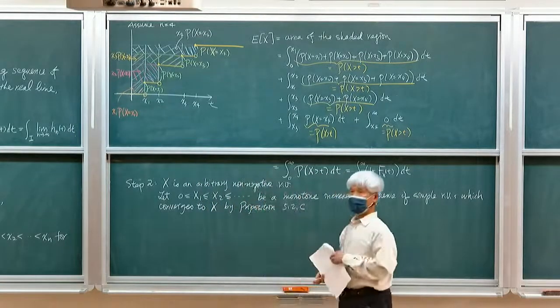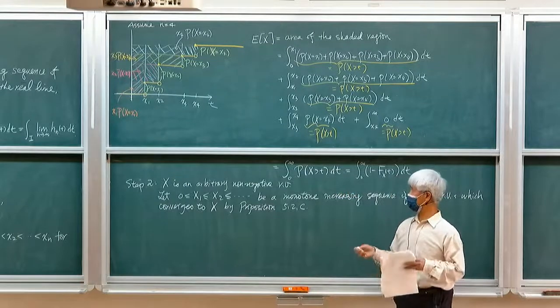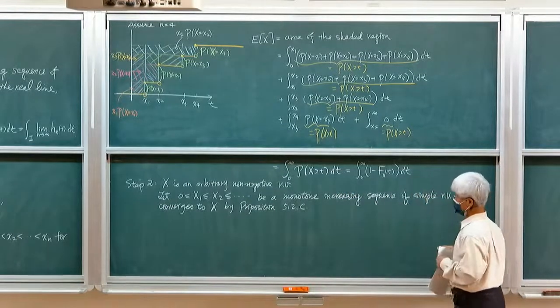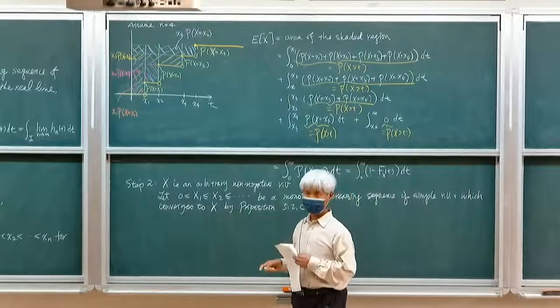In proposition 5.2.c, we know there exists a monotone increasing sequence of simple random variables which converge to X.